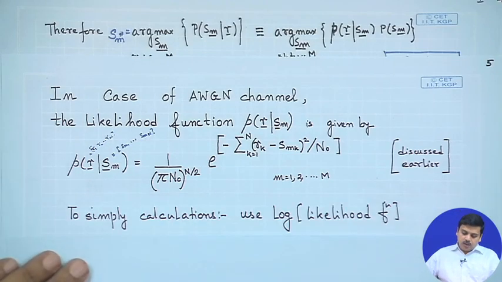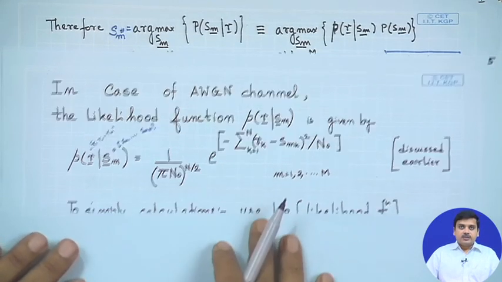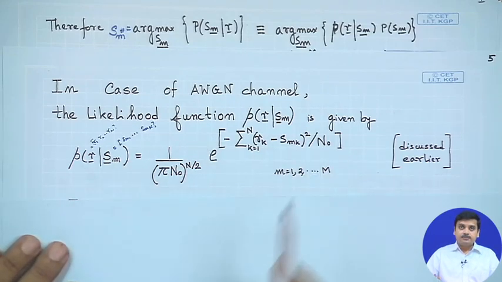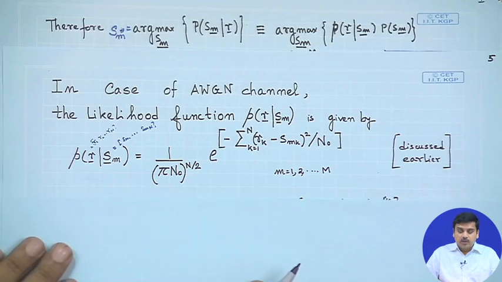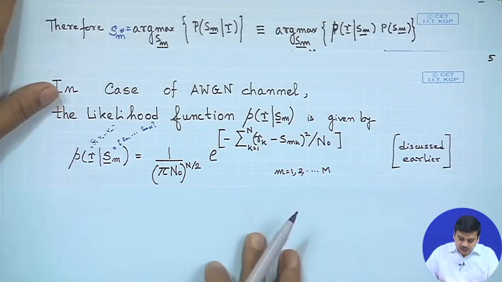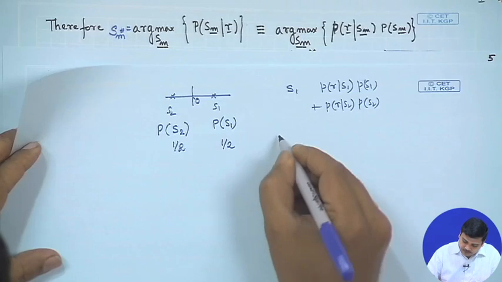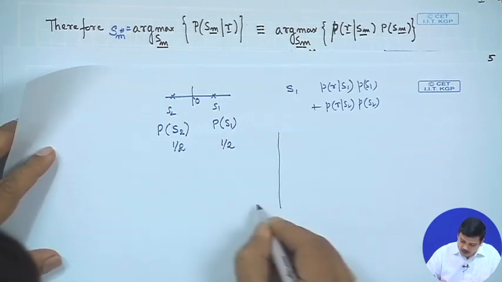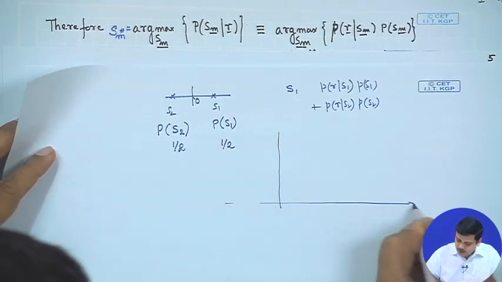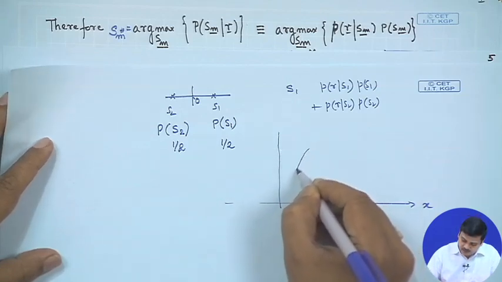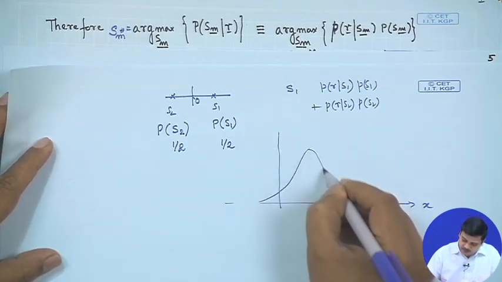Now, if you look at these expressions, this expression looks a bit cumbersome. So, to reduce the computation, what we can do is use the log of this function. Briefly, we said that we can discuss the likelihood. Suppose this is x and we have some PDF.